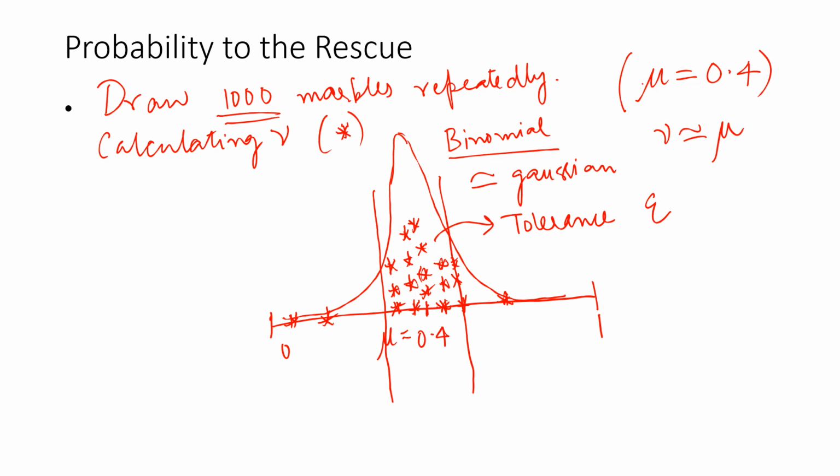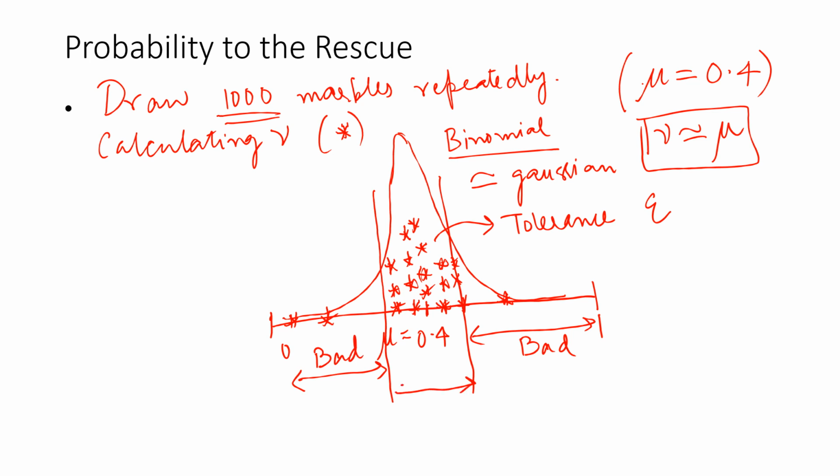Everything outside this range is something that we're not interested in, because I really want this to happen. I'm calling it bad because I don't like this; outside the range, the nu and the mu are really further apart. I don't like this part, but I really like this part.